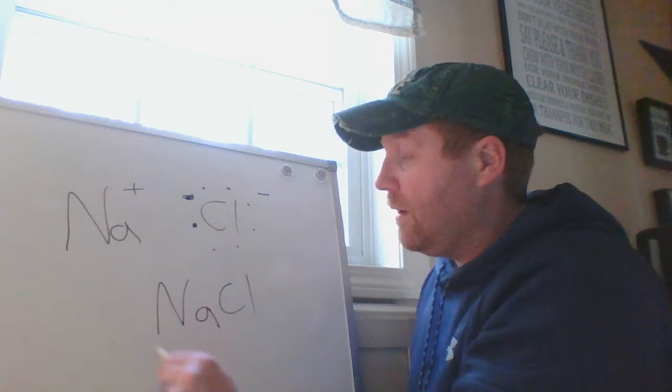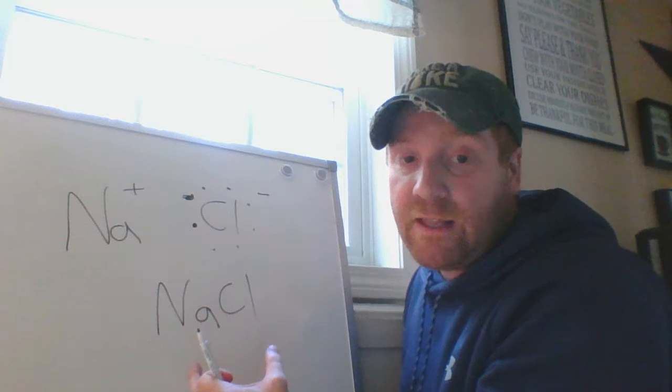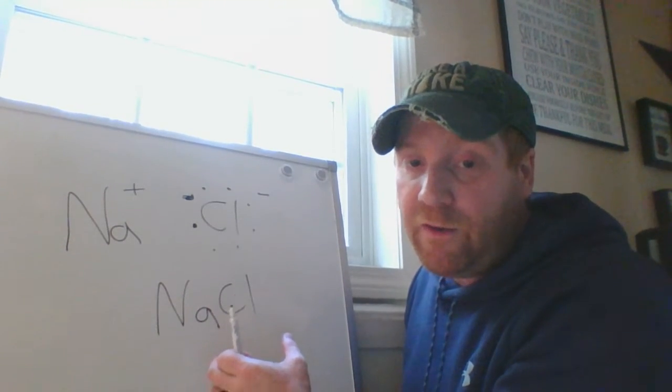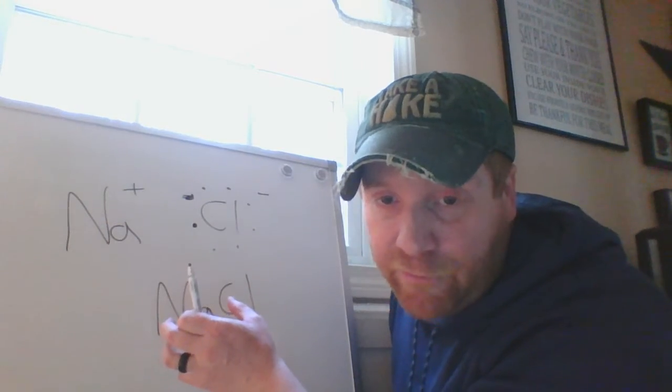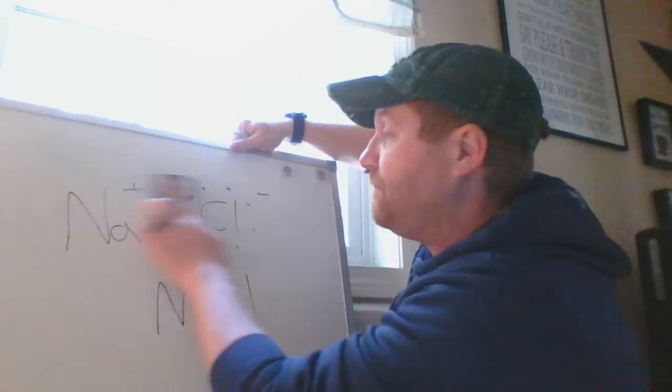So we write it with nothing up in the corners. The point is that ionic compounds should have an overall charge of 0. I'm looking at the time here, 4 minutes, 10 seconds. Let's look at another one real quick.